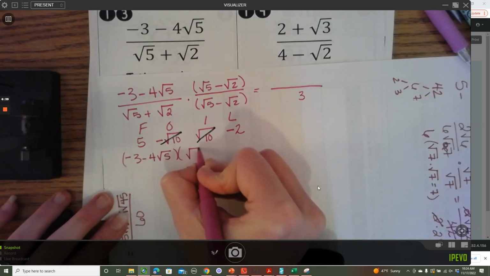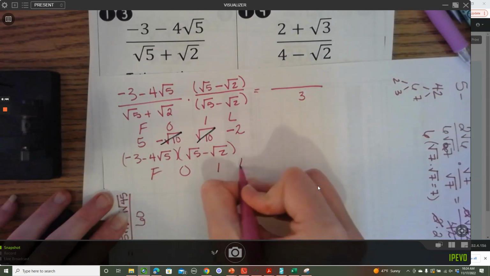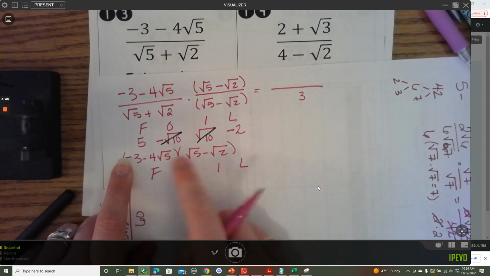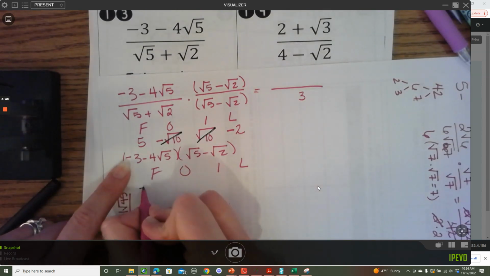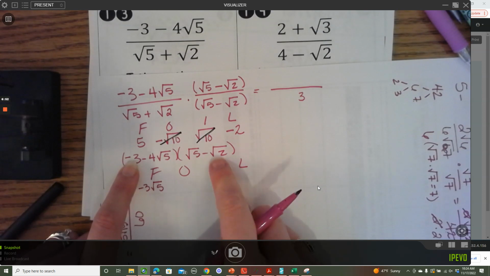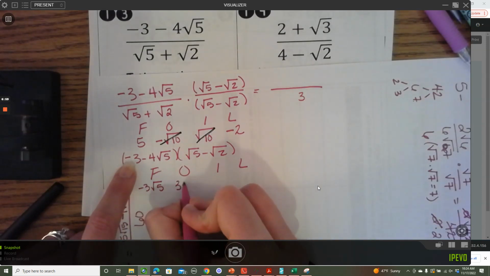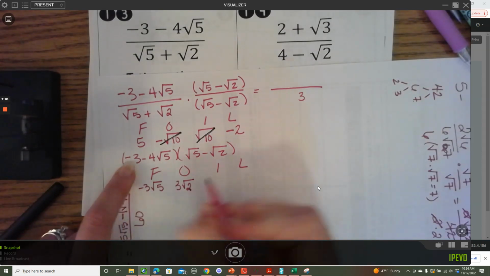This times this. So FOIL, F-O-I-L. Negative 3 times the square root of 5. Just smush them together. Outside: negative 3 times the negative square root of 2. But what happens with 2 negatives? So now it's 3 square root of 2.